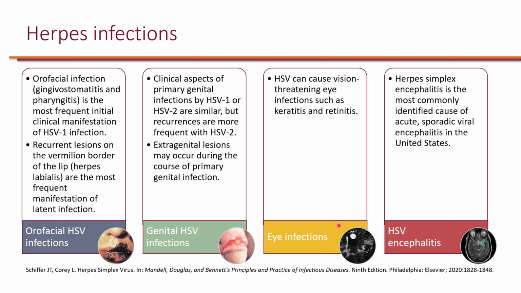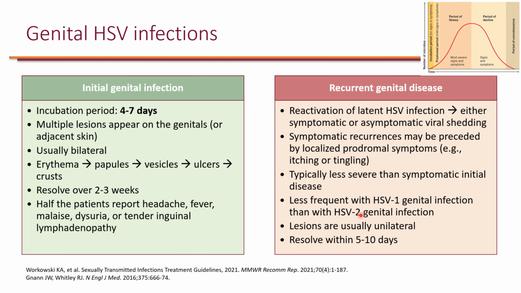Another possibility is eye infections, so ocular infections with HSV. They're not as common, but they can occur, and they can be pretty serious. And lastly, encephalitis can occur from HSV. This is essentially infection in the CNS, and that's something that can also happen with HSV.